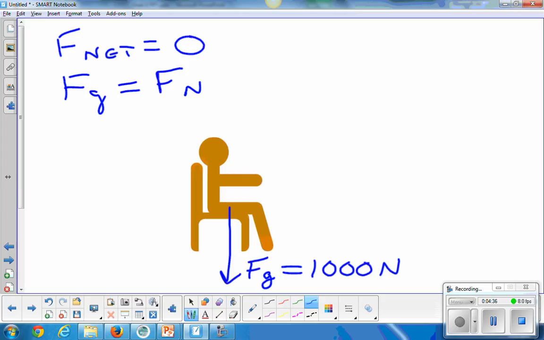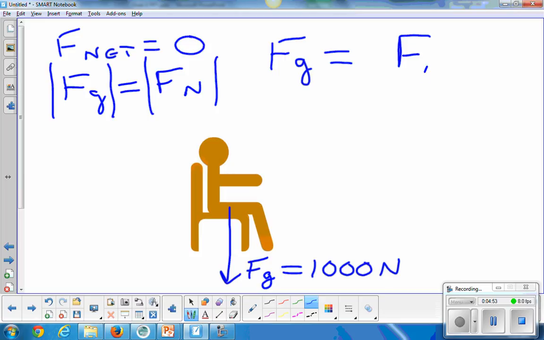That's not true. So remember our old friends, the absolute value bars. It must mean that the absolute values are the same, or really what's more useful is that the force of gravity has to be the same size, but remember these are vectors, they have a direction, and the opposite direction. How do we say opposite direction in math? We say it's the negative. So if we're going to define up as being positive, let's say then gravity is going to be a force of negative 1,000 newtons.